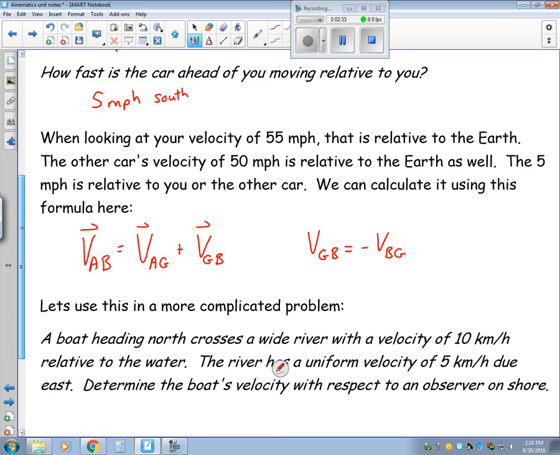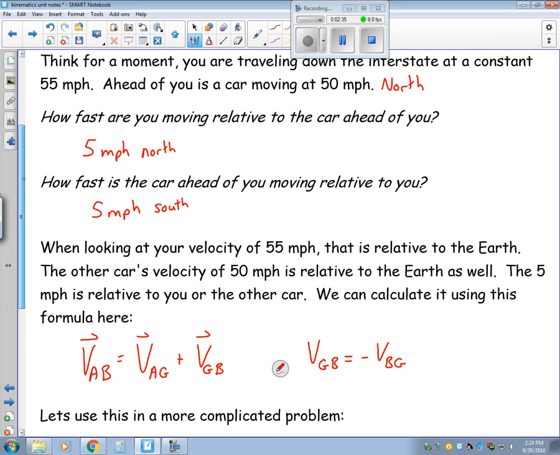Let's go back and take a look at these. How fast are you moving relative to the car ahead? I'm going to say you are object A, the car ahead is object B. So in our formula, VAB equals, first, object A relative to the ground.